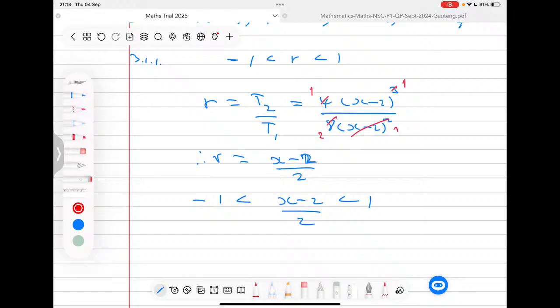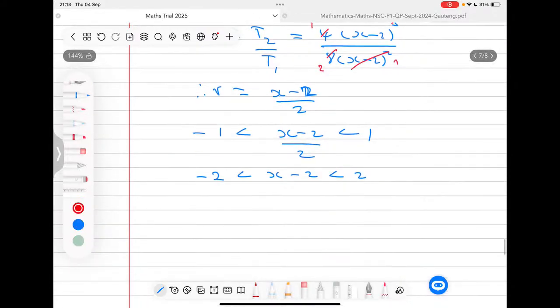I'll solve this as an inequality that will give me the values of x that are between 2 intervals. Here we start by cross multiplying by 2 on this side and by 2 on this side, because what you do on the left, you do on the right. So -1 times 2 is -2, I have x minus 2 here, and 1 times 2 is 2. Now I'm going to transpose: I'll take the -2 to this side and also this side.